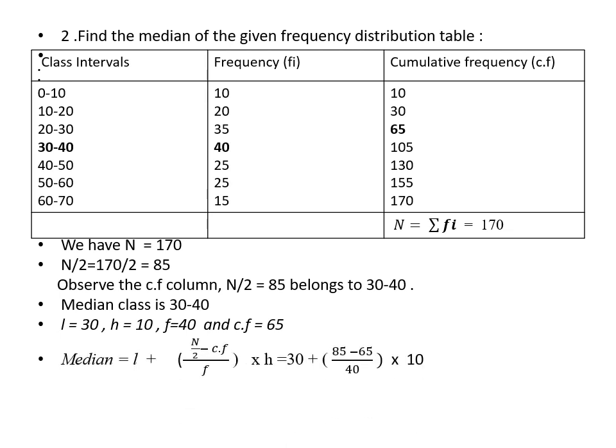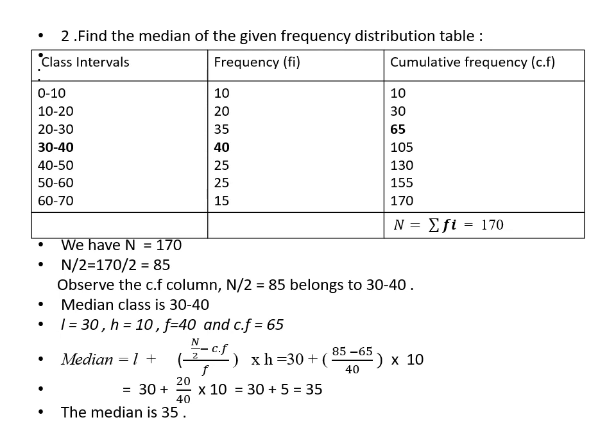Now here is the formula for median. Median equals L plus n by 2 minus CF upon F into H. Substitute the values and find the answer. The answer is 35, and therefore the median of the given frequency distribution is 35.